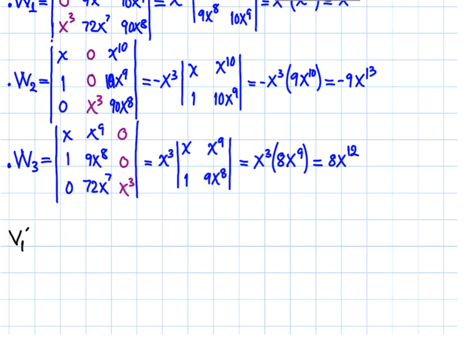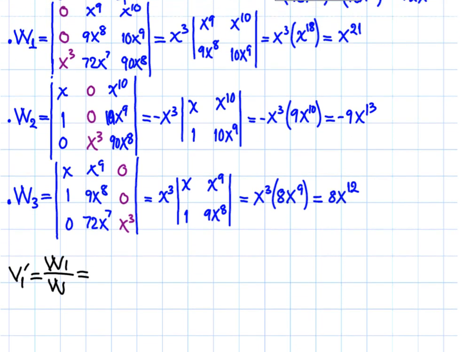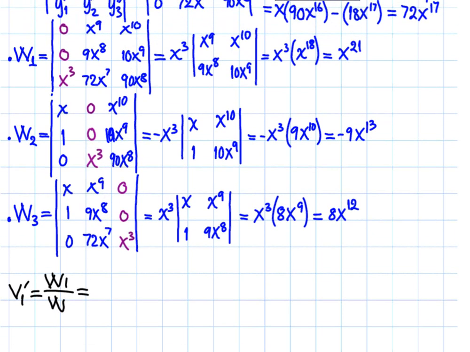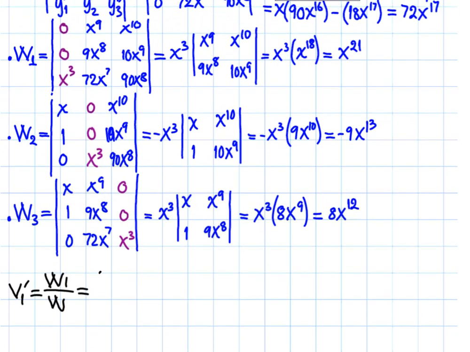V1 prime will be equal to W1 over W. W1 is x to the 21st power over 72 x to the 17, and we have 1 over 72 x to the positive 4 power.